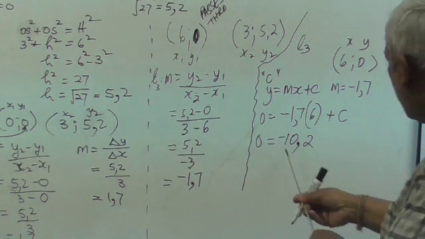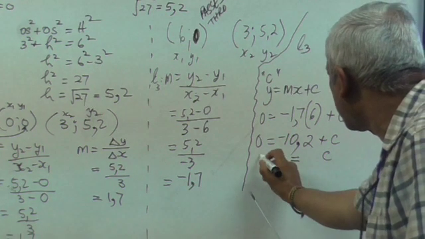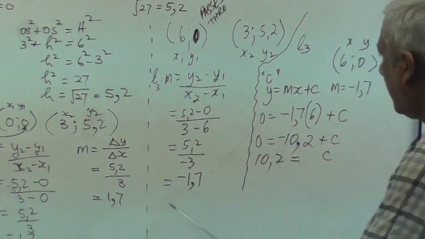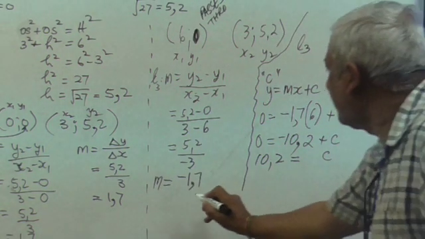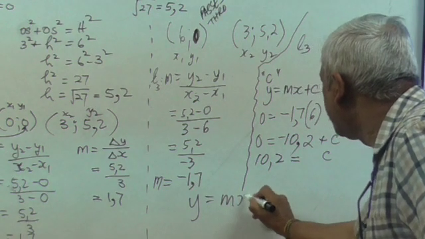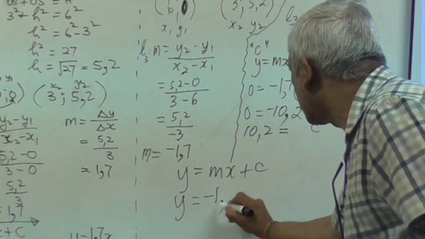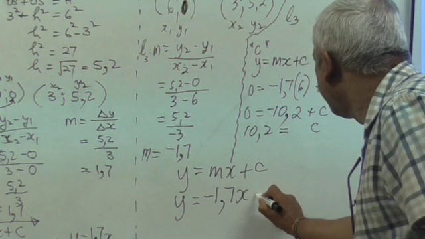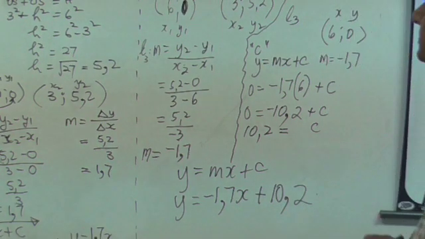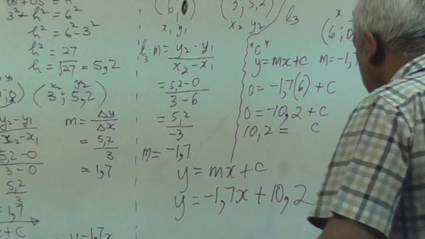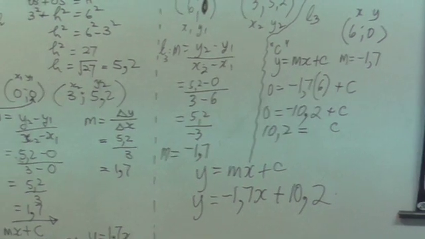Now we got this plus c, so c is equal to, when this goes across, 10.2. Now we have m and we have c. So finally y is equal to mx plus c. Y is equal to -1.7x plus 10.2.